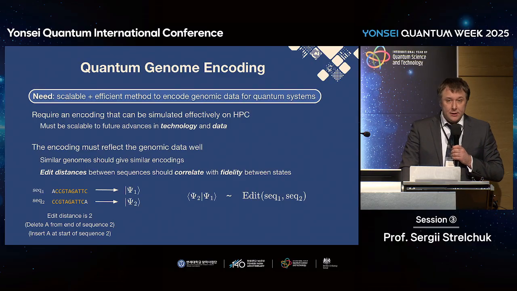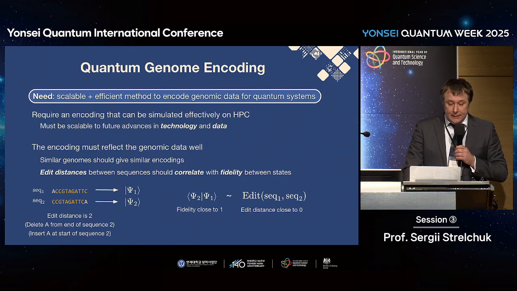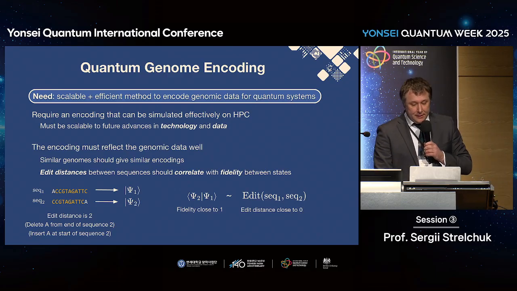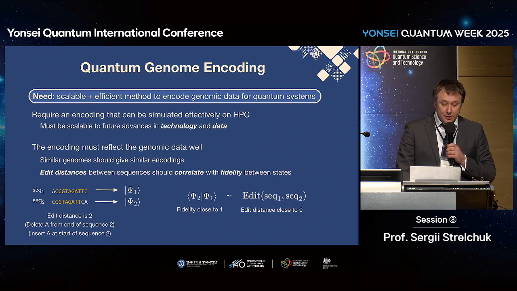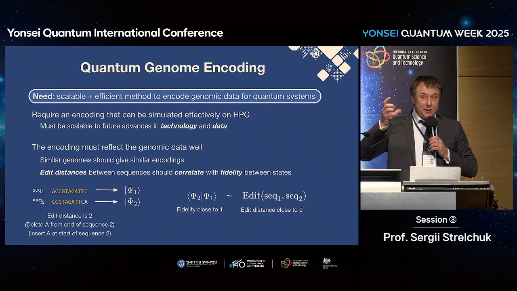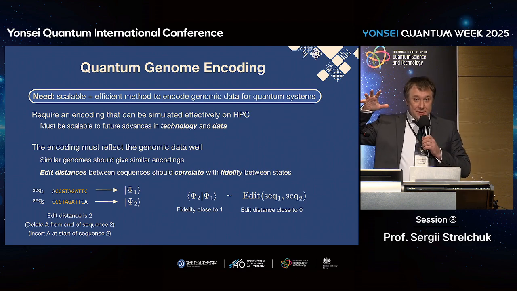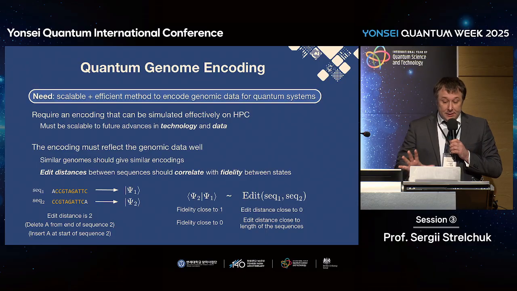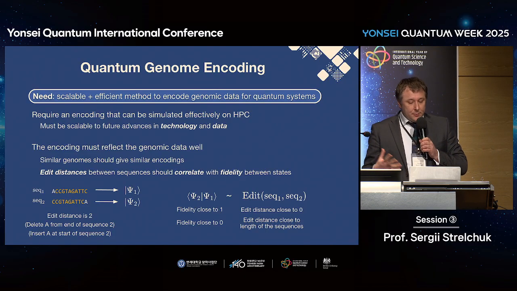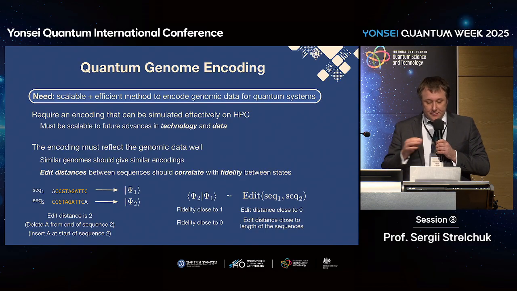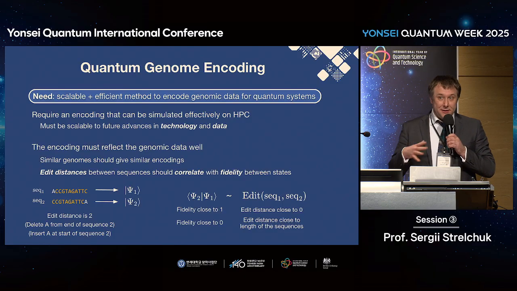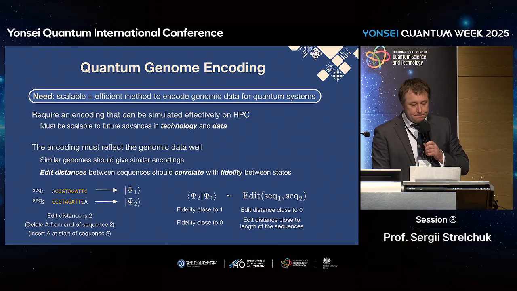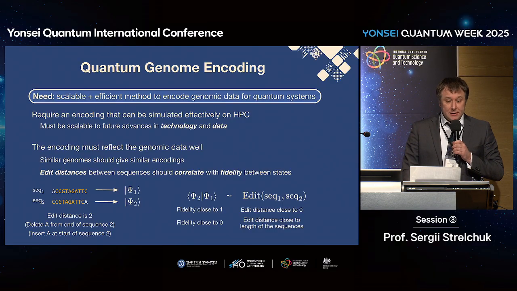That's very important for genomics. We want fidelity to be close to 1 when edit distance is close to 0, meaning you don't have to modify one string too much in order to get to the other string. If fidelity is close to 0, then we can conclude perhaps that the edit distance is close to the length of the sequences, meaning they are effectively unrelated. So we have to keep all these things in mind.